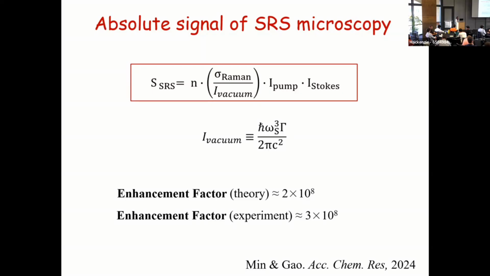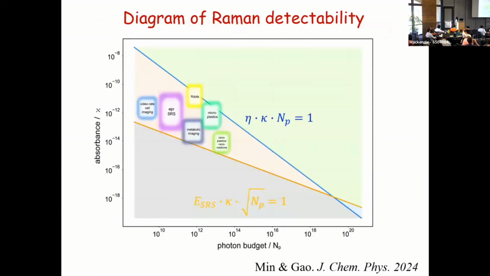And then we can theoretically calculate the enhancement factor to be around 2 times 10 to the order of 8. That enhancement factor is actually in quite good agreement with our earlier experimental estimation of 3 times 10 to the order of 8, if you consider the other possible experimental errors and everything.